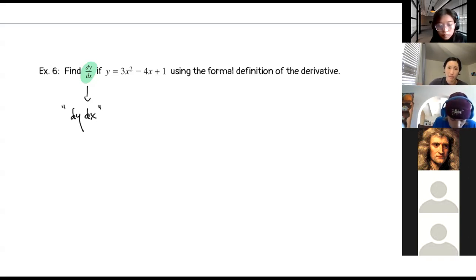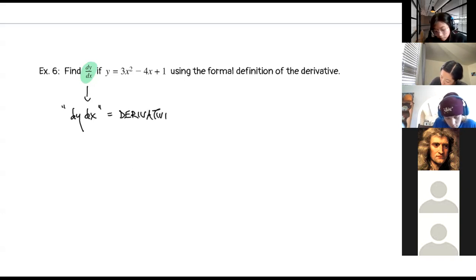We say dy dx. But this is the same as saying derivative. So when we see that dy over dx, that is the same thing as saying derivative. All right. Now there are a few more ways to say derivative. We'll write those out in the 3.3 notes, but I just wanted us to start to notice some of that notation. Okay.